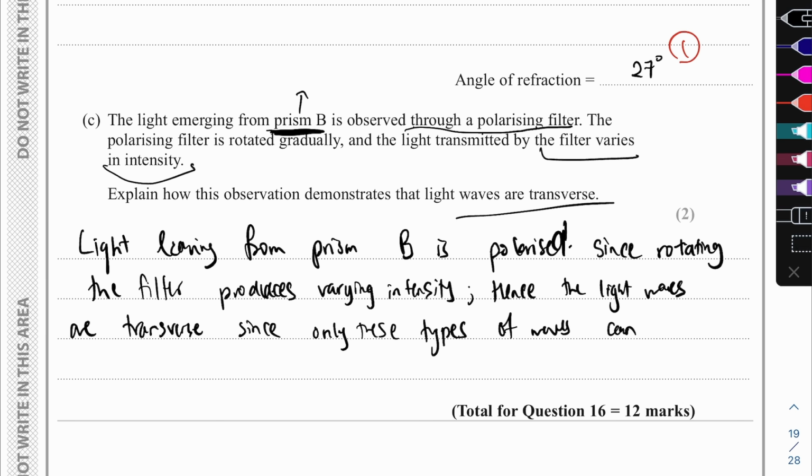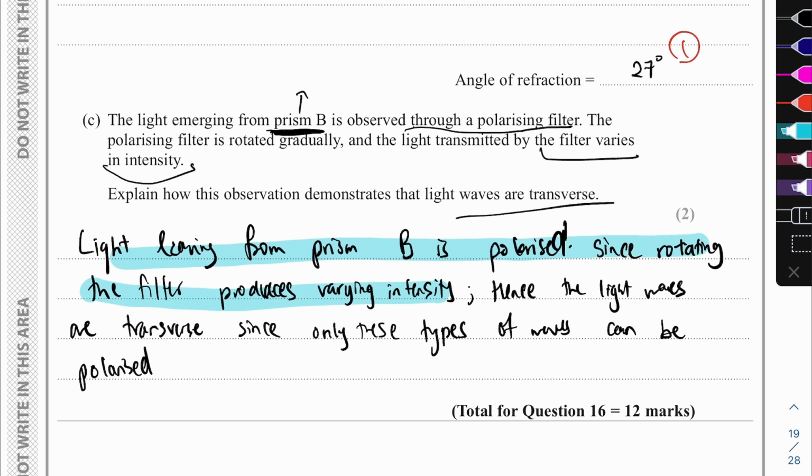So 1 mark for saying that it's polarized because it produces varying intensity. The 2nd mark is stating that the light waves are transverse because these are the only types of waves that can be polarized.